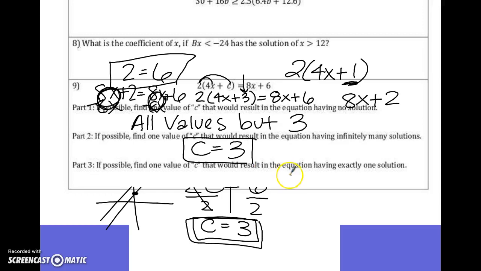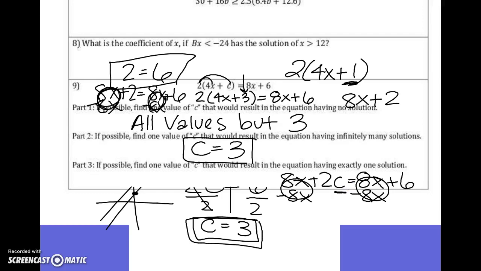Well, we went through the equation, right? So we got 8x plus 2c equals 8x plus 6. Notice that the 8x, if I subtract those out, they're going to drop out every time, no matter what the value of c is. Our x's are going to disappear no matter what the value of c is. If the x's are gone completely, we're either going to end up with no solution or infinitely many.